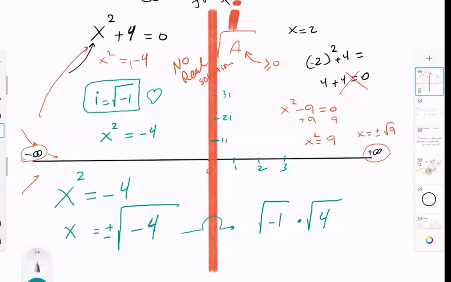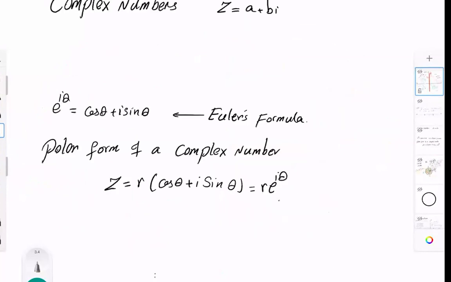Radical negative 1 we know from this axis is i. Radical 4 is 2, so we have plus minus 2i. So that's the i.